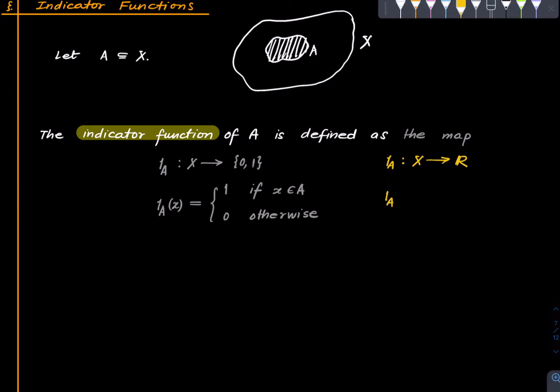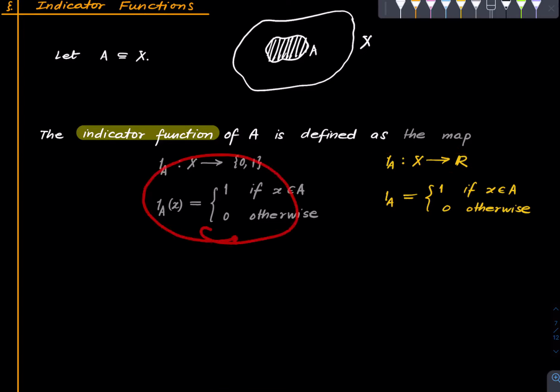It takes 1 if x is in A and 0 otherwise. Most of the time this is more convenient, for a reason we will see, but this is also fine. It will be the context that informs what we are using. I don't think I need to say anything else here.